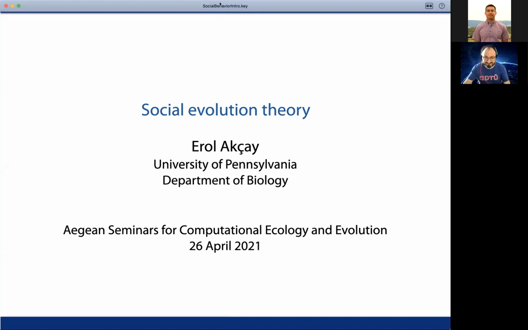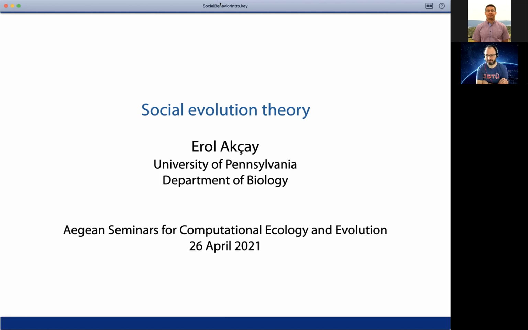And so I'm going to talk about social evolution theory in this segment of this summer school or seminars, and this is going to be probably somewhat different than the rest of the topics.